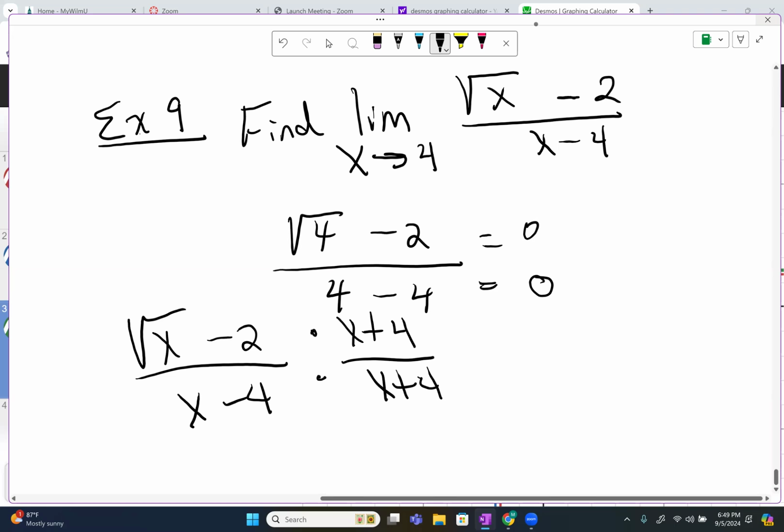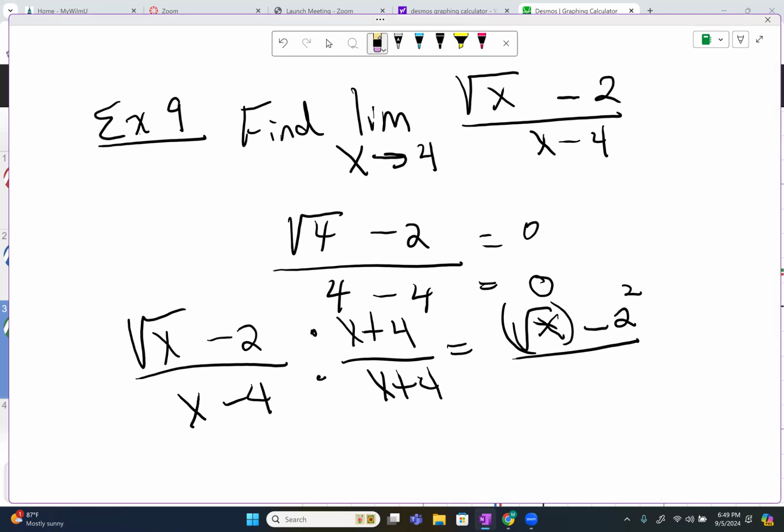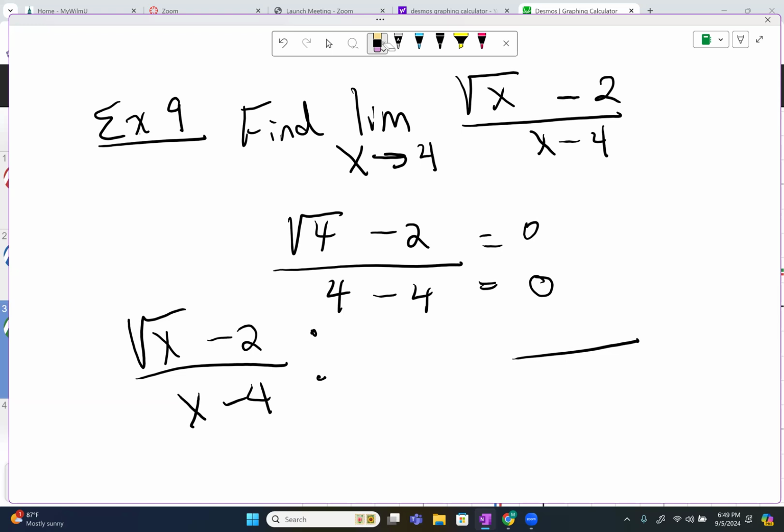So that becomes square root of x squared minus 2 squared, and this becomes, oh my god, I used the wrong one. Yeah, it should be the square root of x plus 2. Yeah, sorry. Let me erase this.